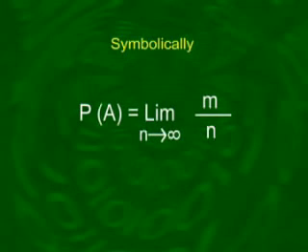Symbolically, we write P of A is equal to the limit of m over n as n tends to infinity.